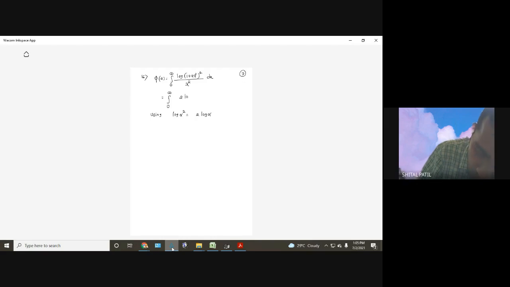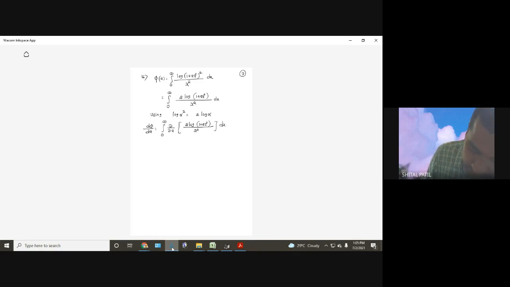So 2 log of 1 plus ax square divided by x square dx. Now differentiate. So d phi by dA equal to, divided by x square.